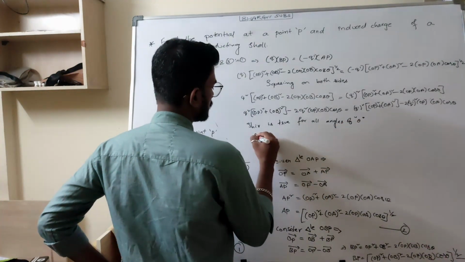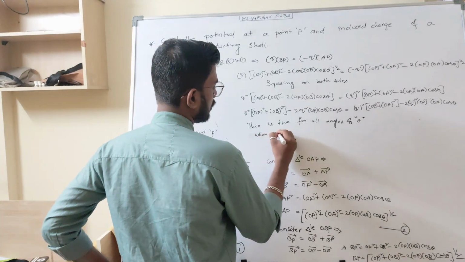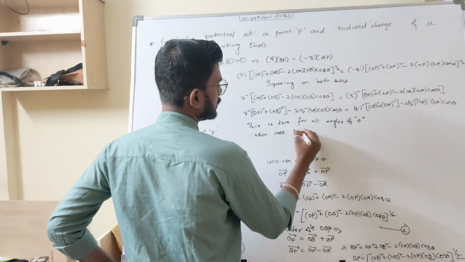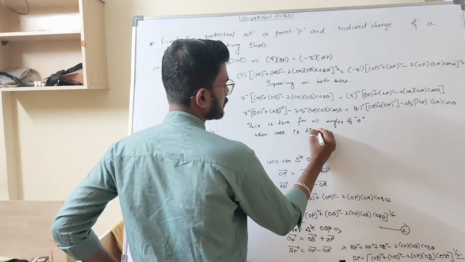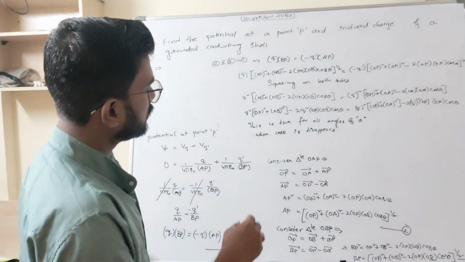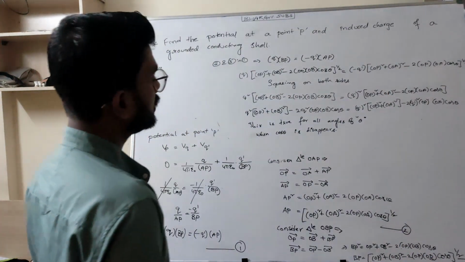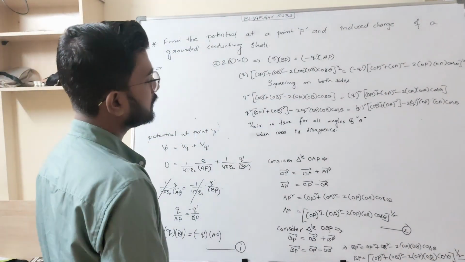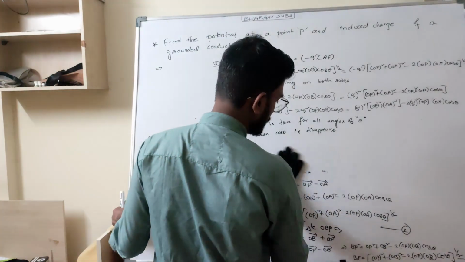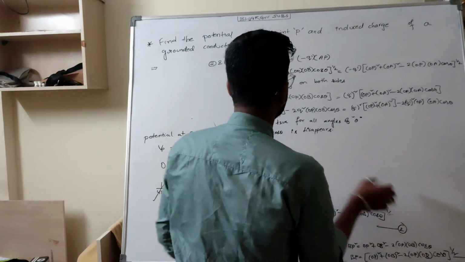So when cos theta disappears, it should disappear, then only it will be equal. So what I am doing here, for disappearing this, I am equating this term and this term.